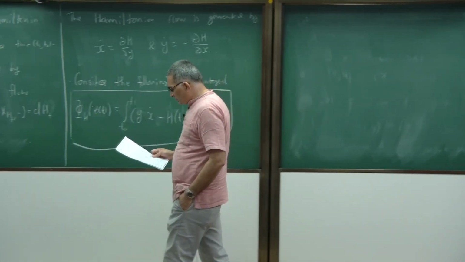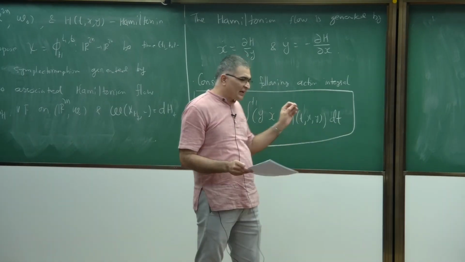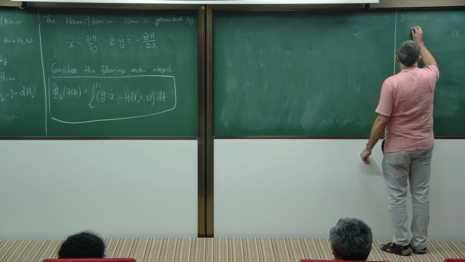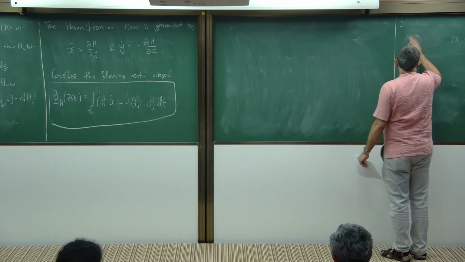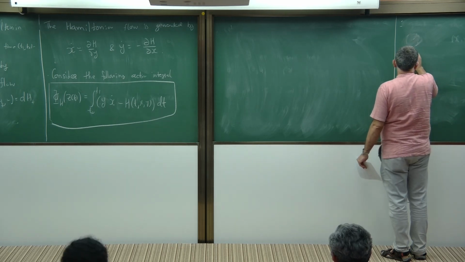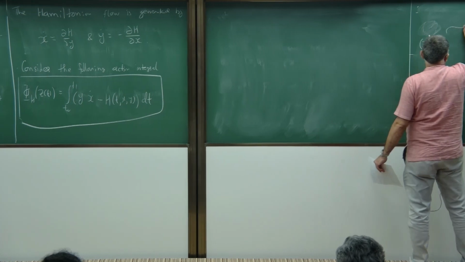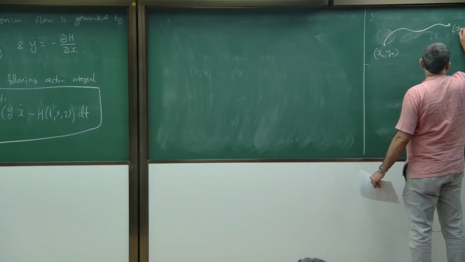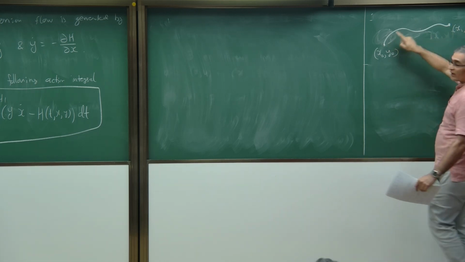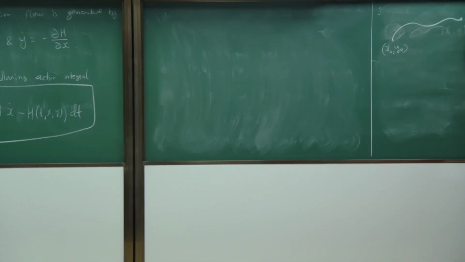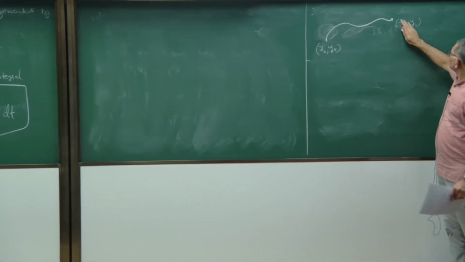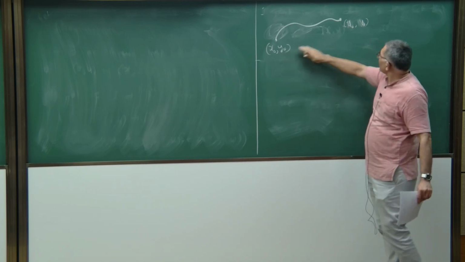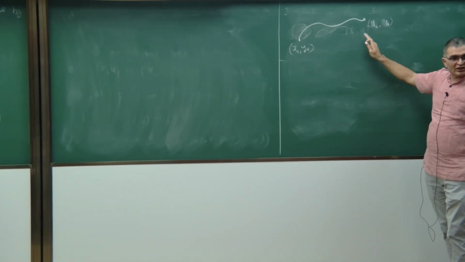So what I want to claim is that, under suitable hypothesis, if I have a Hamiltonian flow which sends a point x naught y naught, via some trajectory, to a point x 1 y 1, let me write it as u naught v naught, so x naught y naught going to u naught v naught is my transformation.